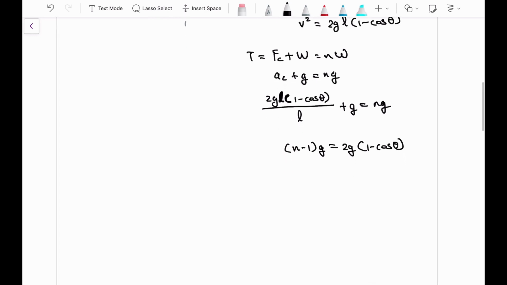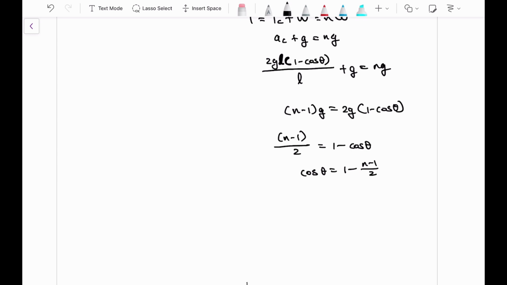I can just divide to the other side, so n minus 1 over 2 will be equal to 1 minus cosine of theta. Therefore cosine of theta in terms of n will be equal to 1 minus n minus 1 over 2.